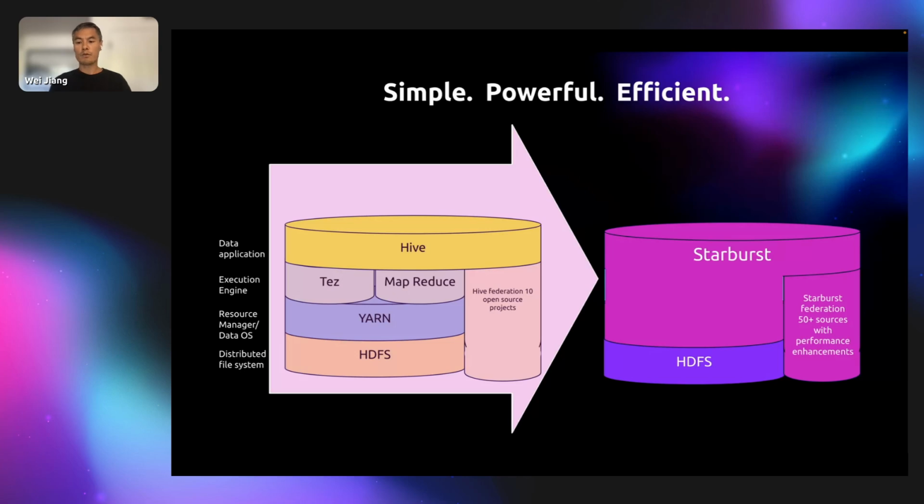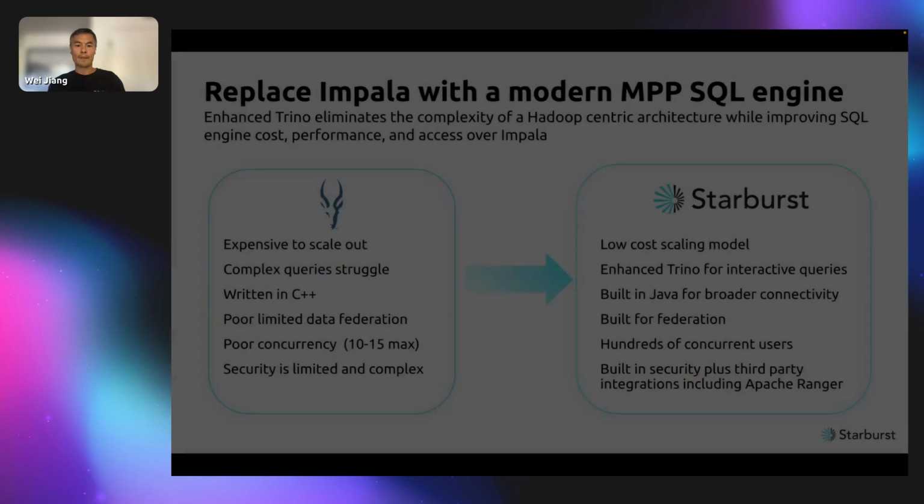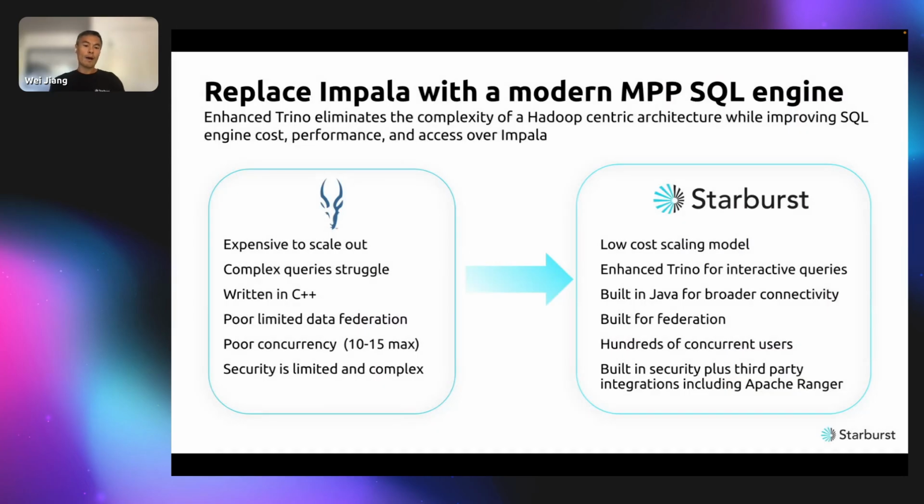And then if you want to reach out to the other data sources, we can do that with the additional connectors. Hive, really, there are only 10 open source projects that they're able to federate to. Impala is actually a great query engine.